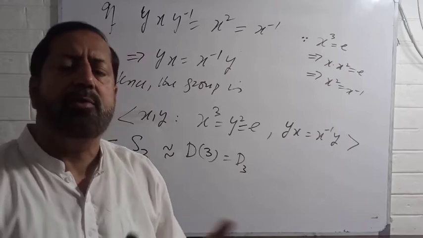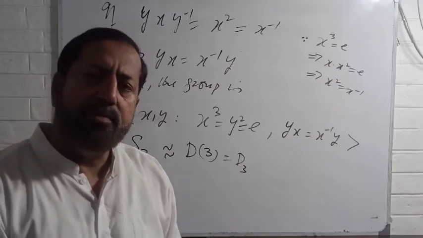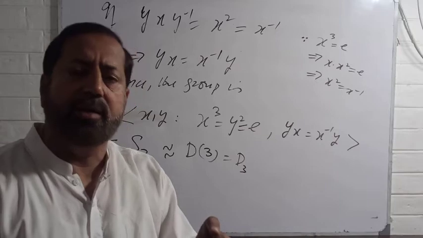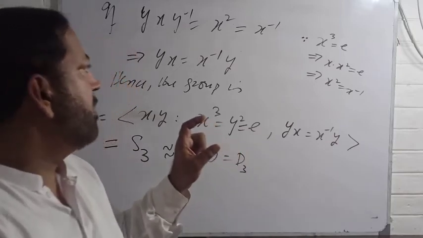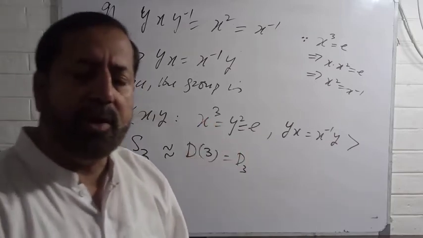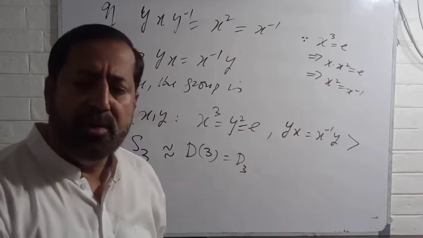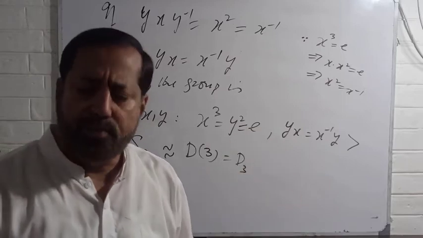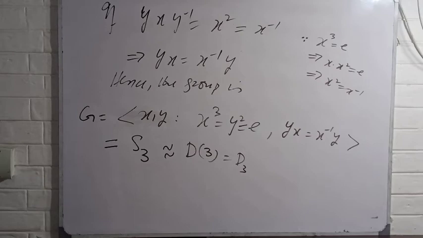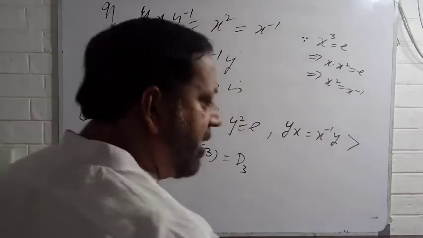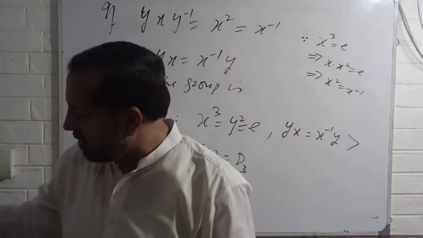Okay, so these are the two possible groups. Now I can extend the idea from 6 to 2p. Okay, if you do the same, you can establish groups of order 2p. Instead of writing 2 into 3, why not I write 2 into p, where p is an odd prime. So I can generalize the result.